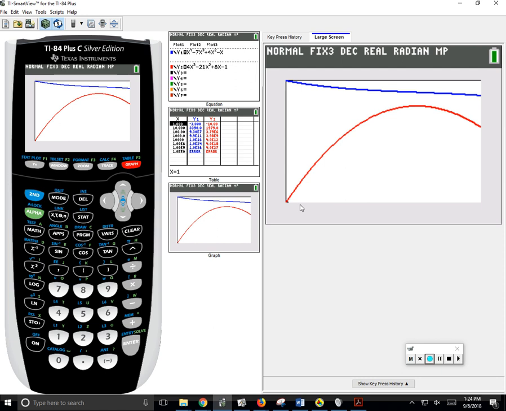So I hit trace. I'm supposed to find the velocity at time 0. I look at the formula that's displayed, and note that is the position formula. So that means my cursor is on the position graph. I don't want position, I want velocity. So the up or down arrow will move you to this.